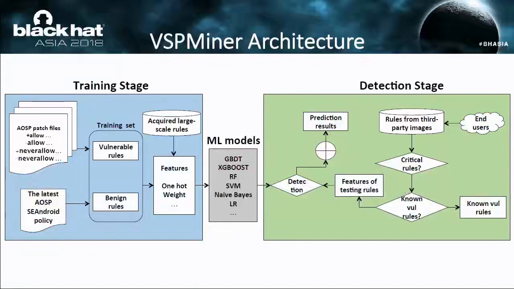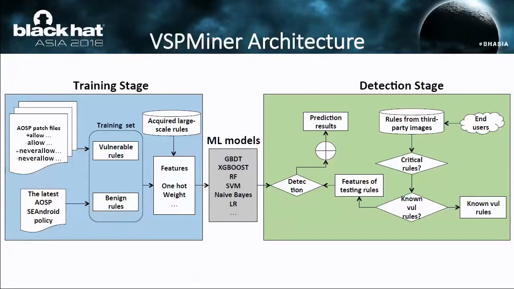Now here is the detailed architecture of my work. We split it into three stages. The first is the training stage, then the machine learning models, and at last the detection stage.